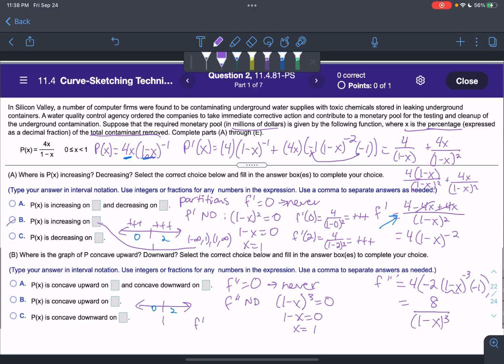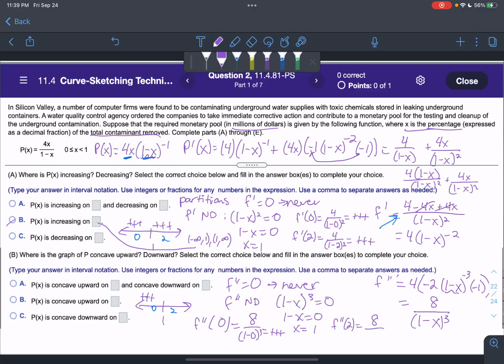And so my f double prime of 0 is 8 over 1 minus 0 cubed, so that's going to be positive, right? 8 over a positive 1, positive. And then let's also look at f double prime of 2.